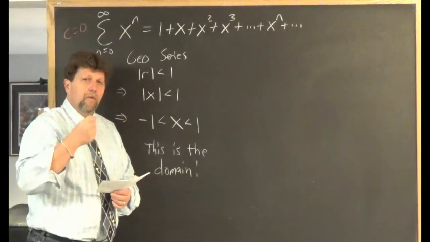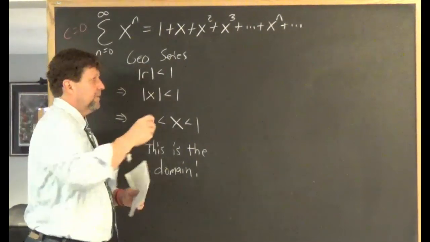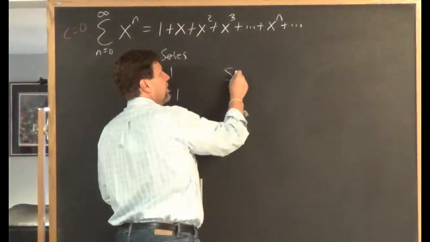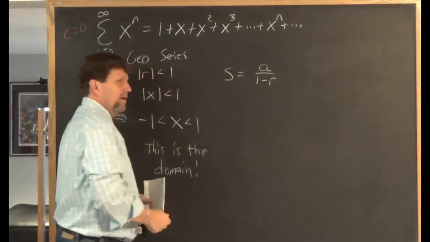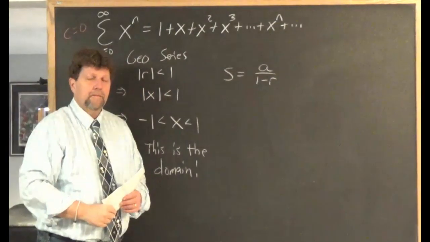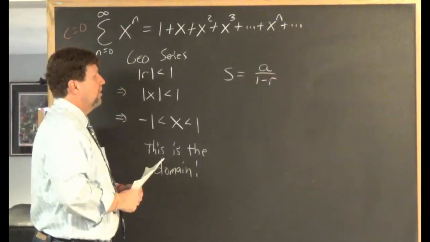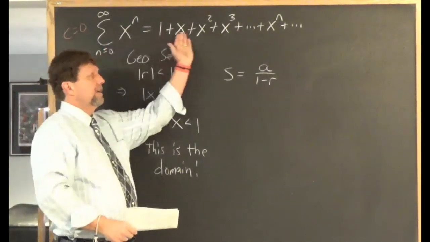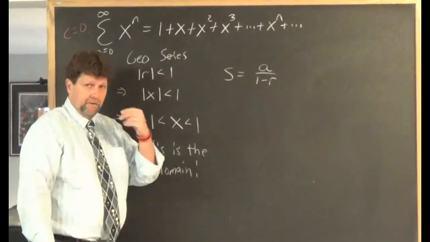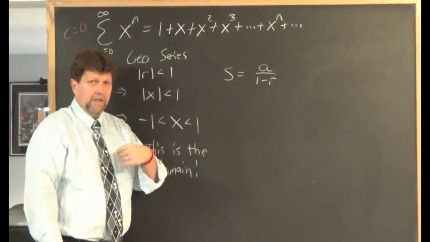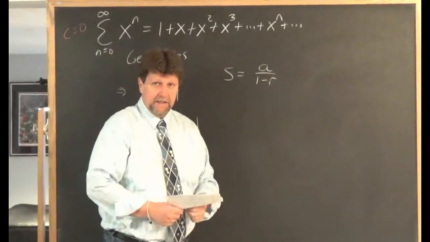With a geometric series that converges, you know the formula for the sum is a over 1 minus r. You know that. So you know where this series converges, for what values of x it converges, its domain. You know what the sum of this series is.